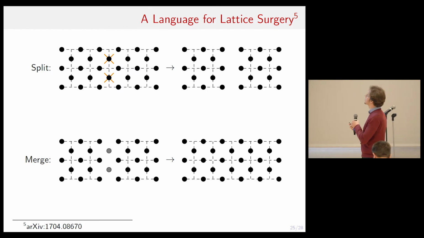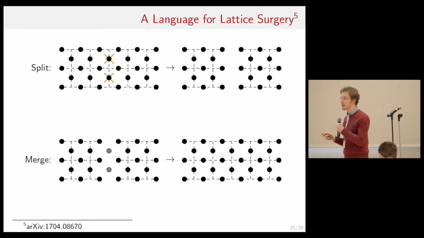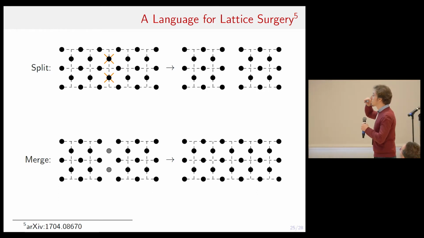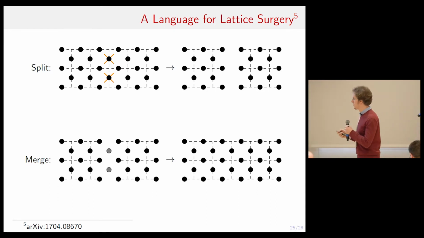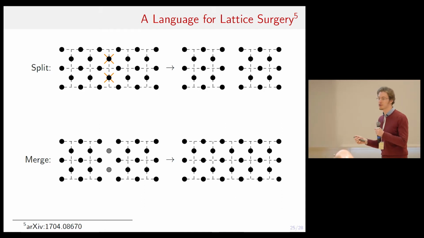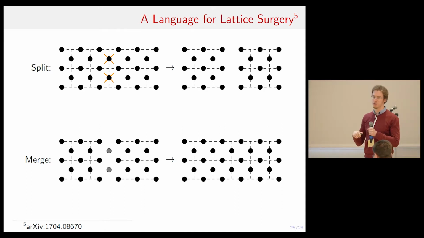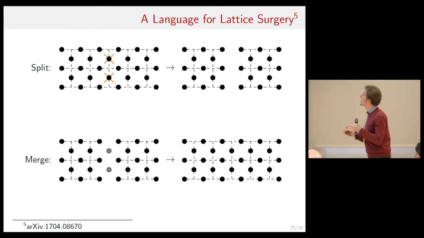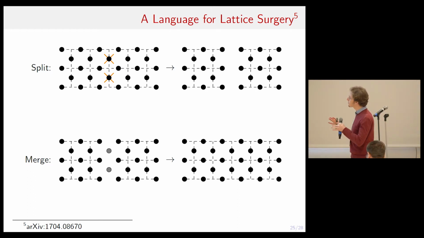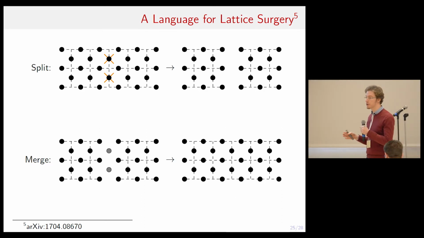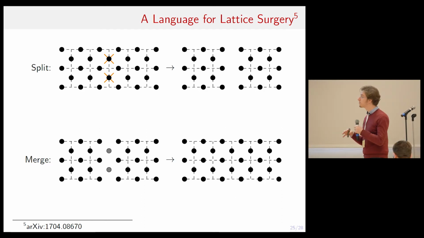Okay, one last application is that ZX is a language for lattice surgery. So you might have already seen talks about lattice surgery yesterday, and also some posters about lattice surgery. So what we have is a scheme where we use surface codes in order to encode data.